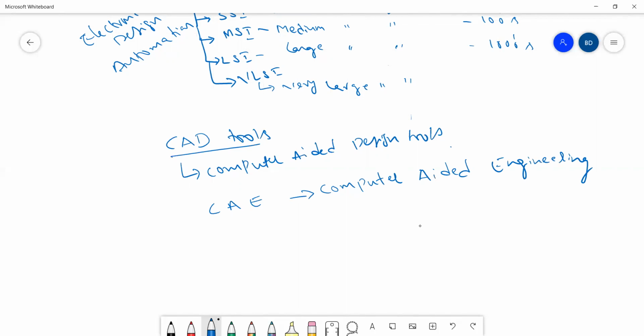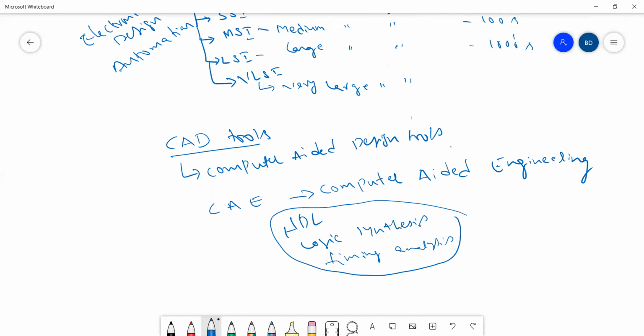These CAE tools refer to the tools used for the front end process, that is HDL simulation, logic synthesis, and timing analysis.